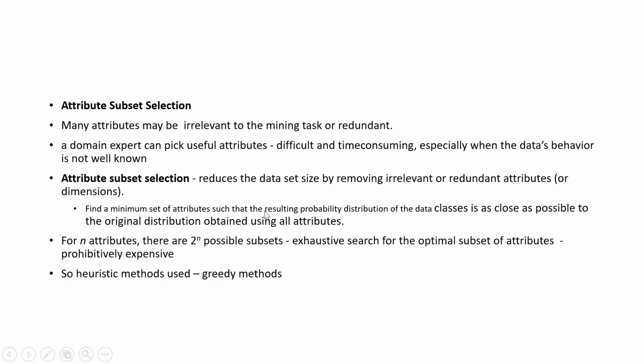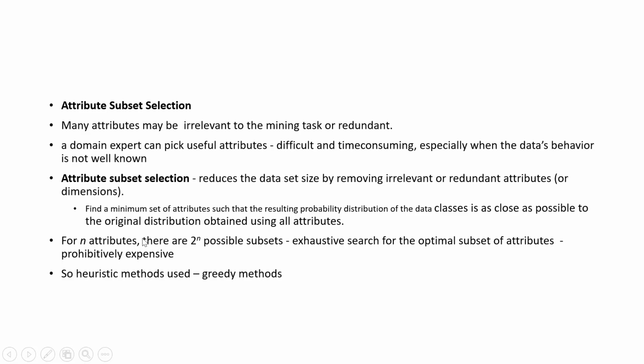Basically, we start with the data which we have collected, in terms of the number of attributes, and we want to reduce it to the minimum number of attributes possible. At the same time, the probability distribution of the data, that is the behavior of the data, or the information retained, has to be the same, while keeping the number of attributes to a minimum.